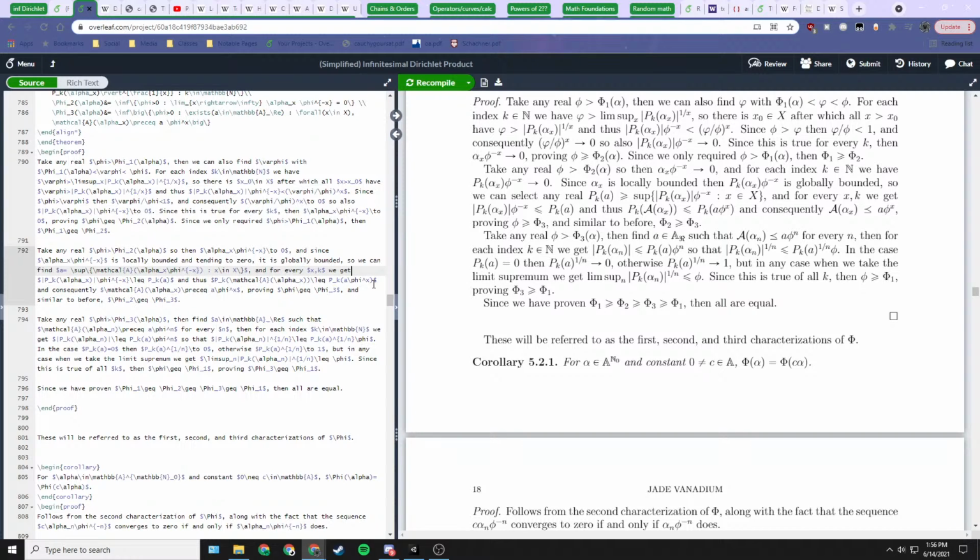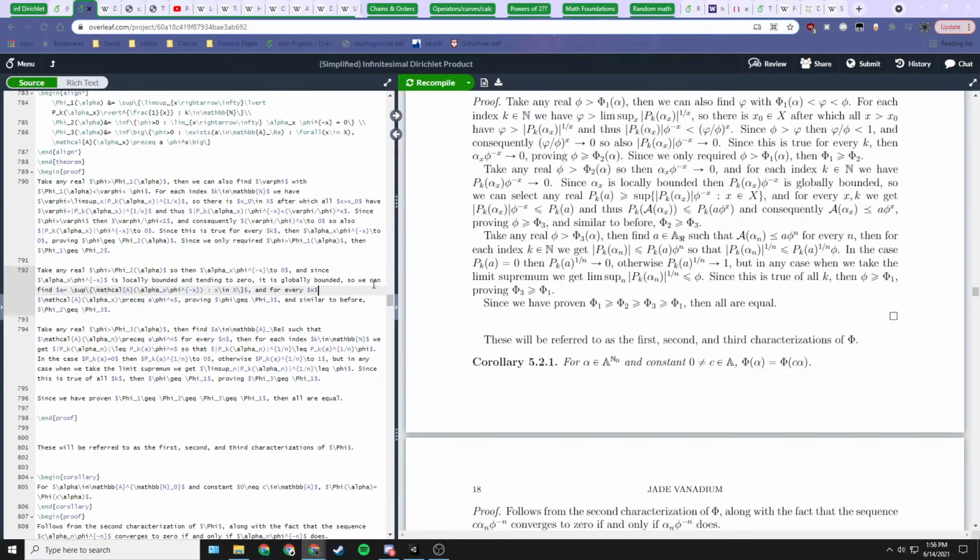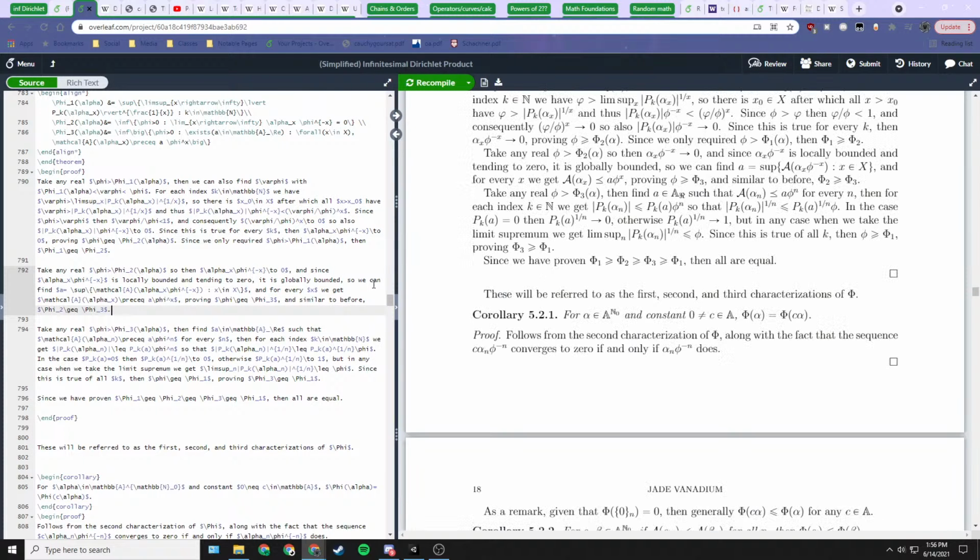And for every x, we get A alpha x bounded by A phi power x. Okay, that's actually a lot easier to prove it that way as well.